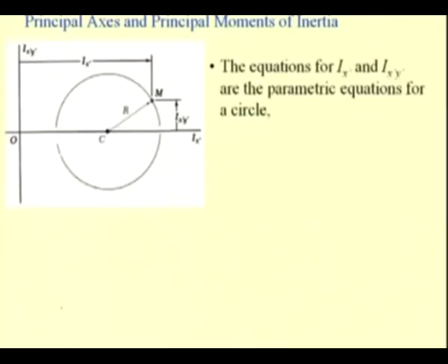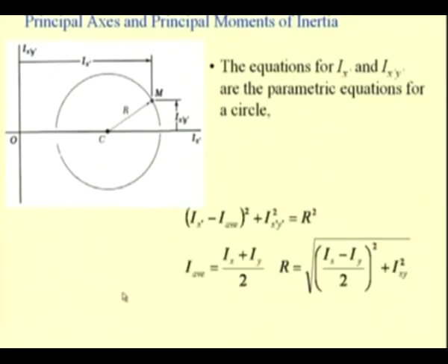In order to do that, we first see the equations of Ix prime and Ix prime y prime, which are nothing but the parametric equations of a circle. That is, if we try to plot the values of Ix prime y prime against Ix prime, we will get a locus corresponding to a circle whose center and radius are given as follows.